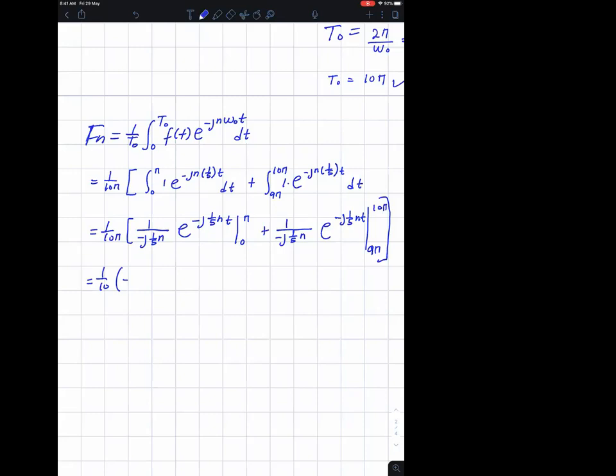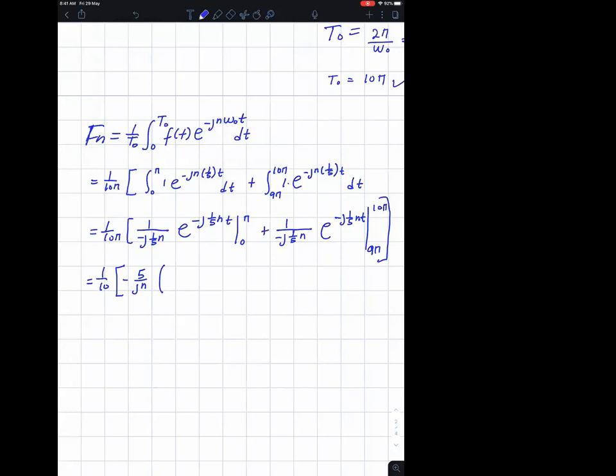It's going to be 5 over jn. I recommend don't play with the algebra too much at this point. Don't try to bring the j to the numerator or denominator. You can do all that later. You just factor that out.